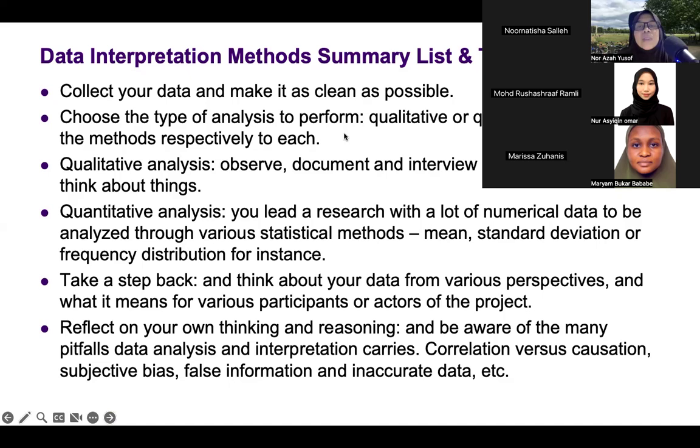Choose the type of analysis to perform, because there are a lot of statistical tools, parameters and types that you can perform, so you have to choose the correct one. Quantitative analysis, of course, and qualitative analysis.